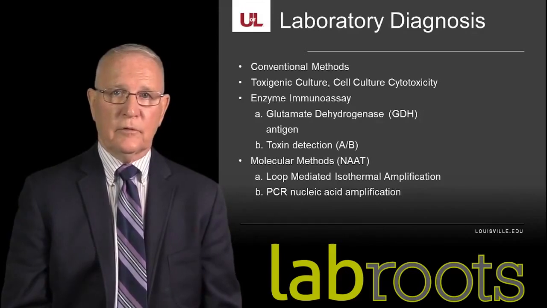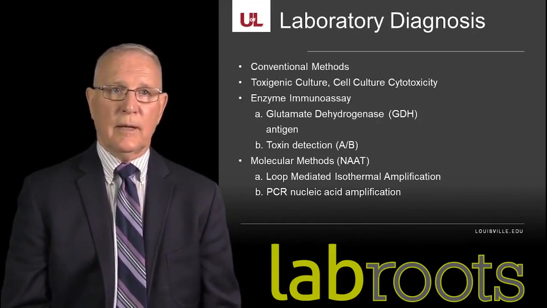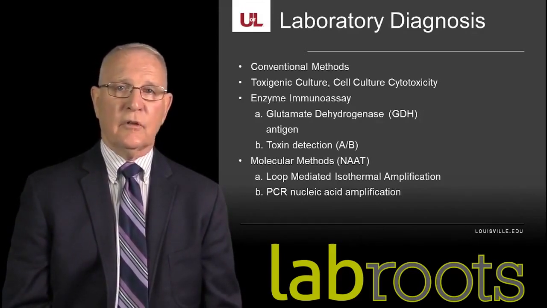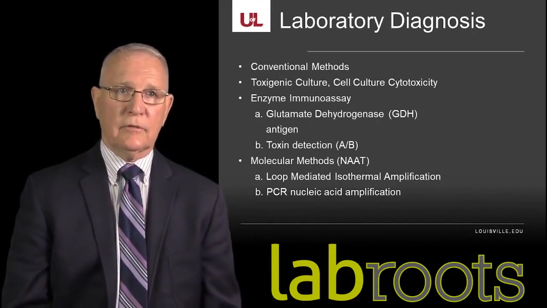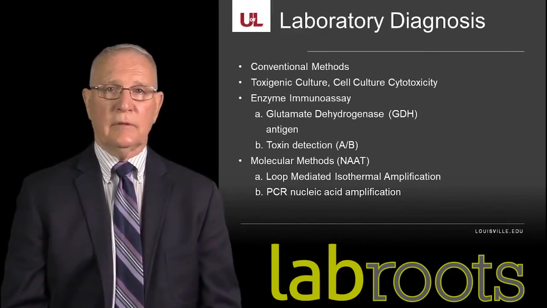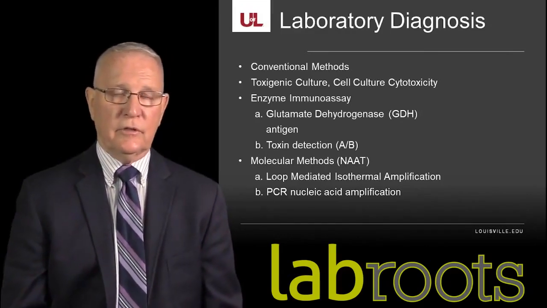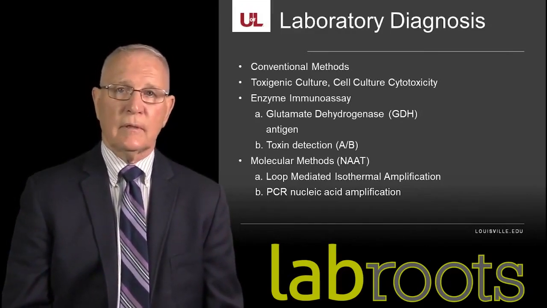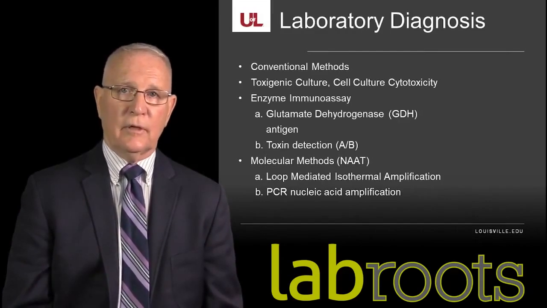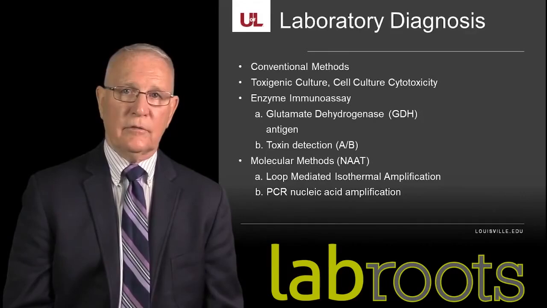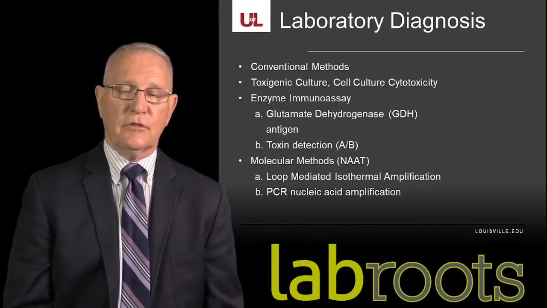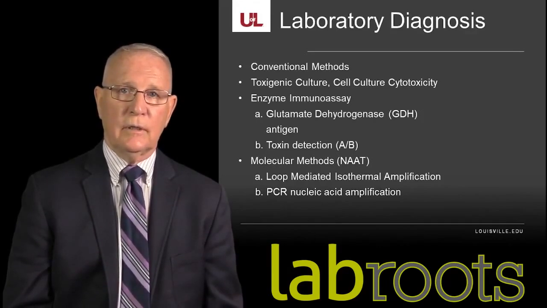Additional conventional methods which have become very prominent in the laboratory today are the enzyme immunoassay tests, beginning with the glutamate dehydrogenase test. This is an antigen that is carried by both the toxigenic and the non-toxigenic strains. Thus, the GDH assay does not differentiate between toxigenic and non-toxigenic strains.